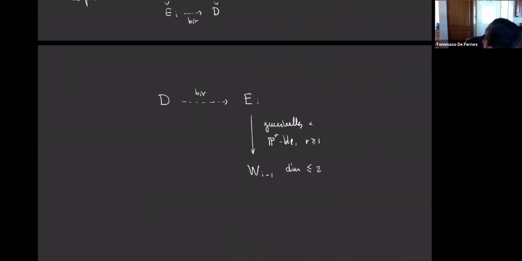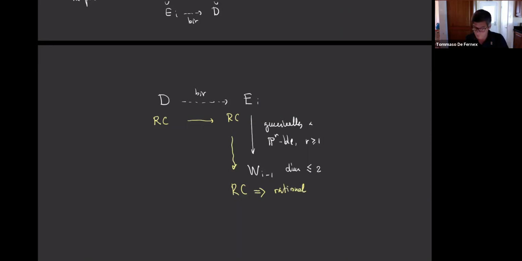Okay, so now what do we know? By assumption, this is rationally connected. So this implies that this guy is rationally connected, is birational, but now I have a dominant map. So this implies that this guy is rationally connected. And now here's where we use a dimension. Rationally connected in dimension at most 2 is equivalent to rational.